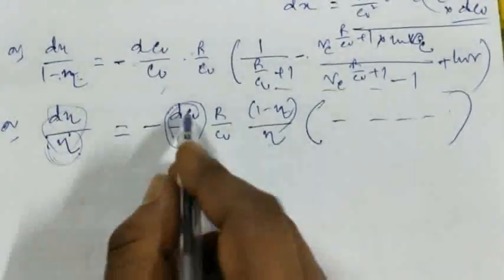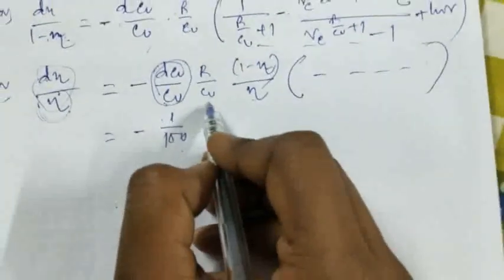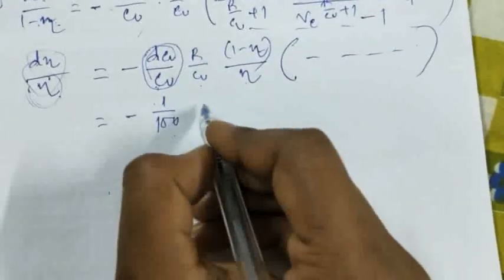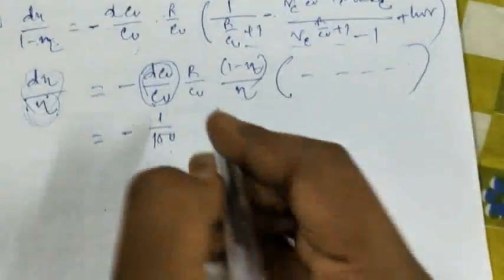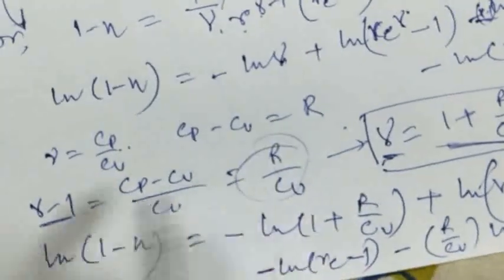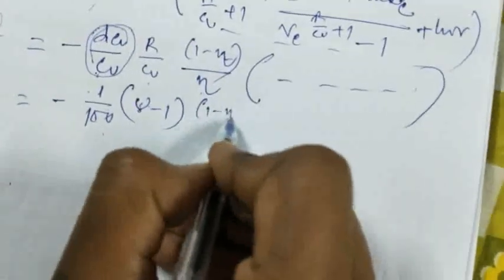R by CV we can write down as gamma minus 1, because we have calculated R by CV before. So gamma minus 1 here, R by CV equal to gamma minus 1, so we can rewrite here gamma minus 1 minus efficiency.